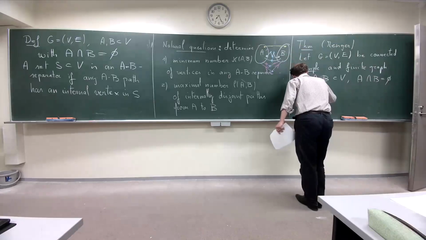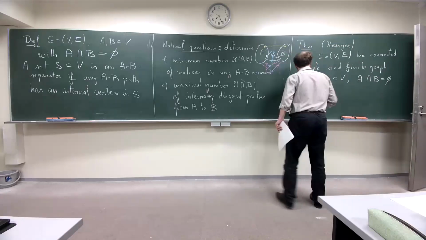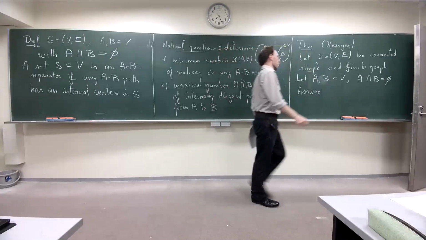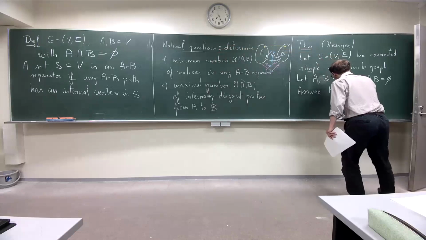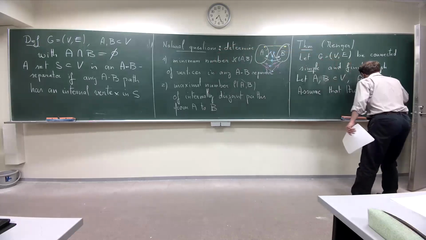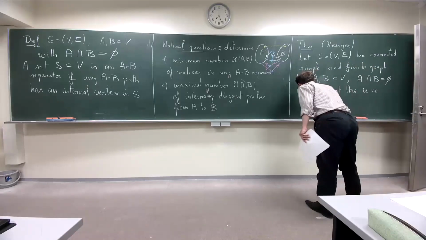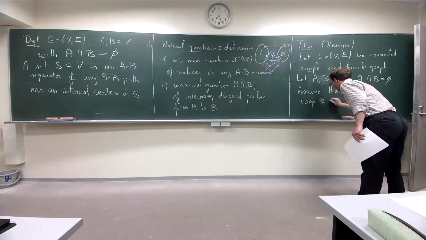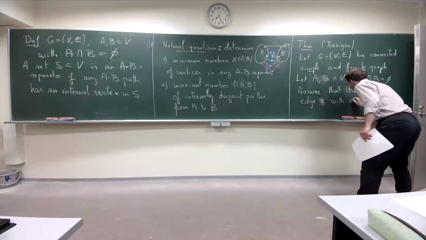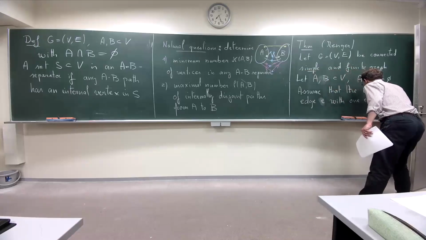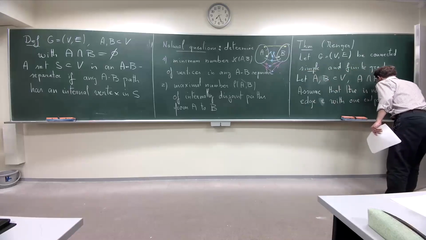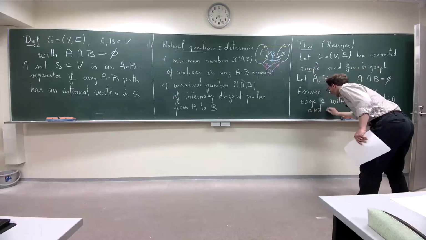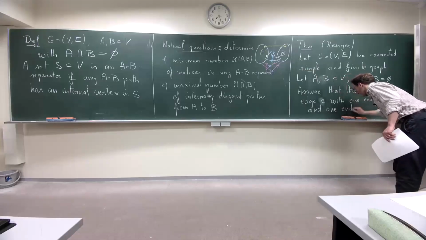And assume, this is what I'm going to assume for not having a yellow one, that there is no edge e with one endpoint in A and one endpoint in B.